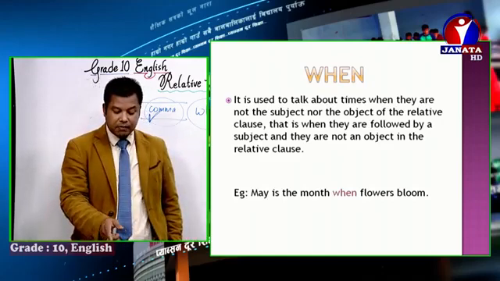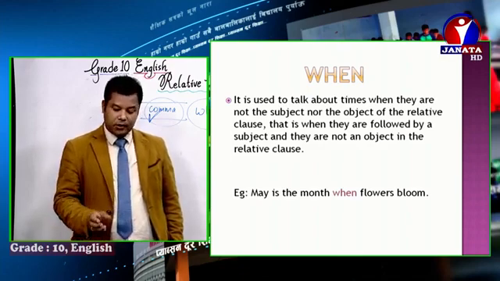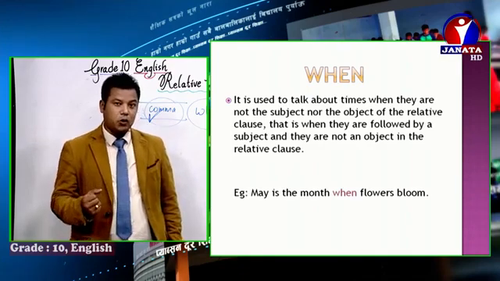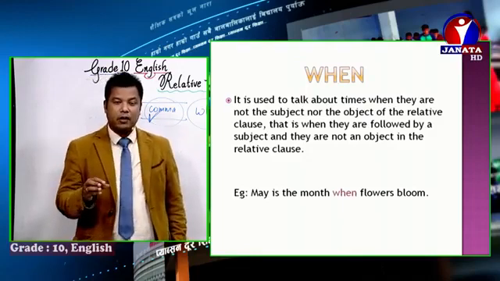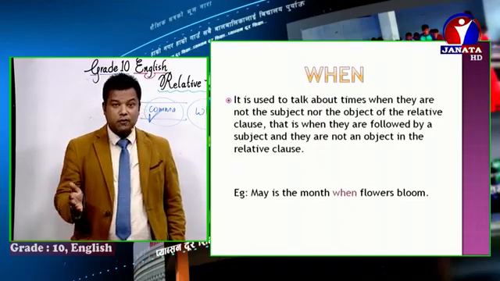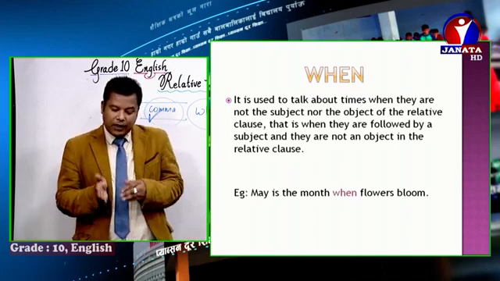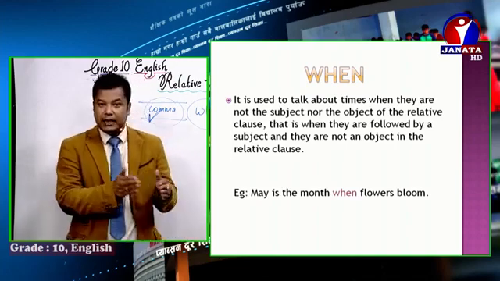Like May is the month when flowers bloom. If I don't like to use when, I can also swap this sentence and bring a slightly different example by introducing prepositions, like May is the month in which flowers bloom. Or if I don't like that too, I might even say something like May is the month flowers bloom in.